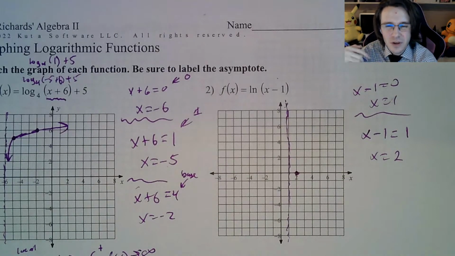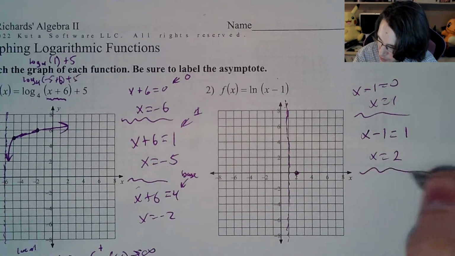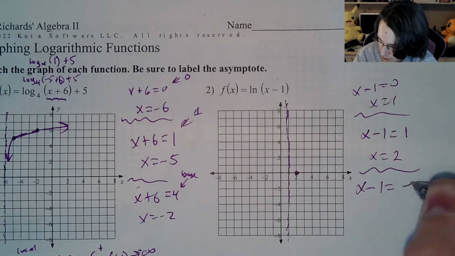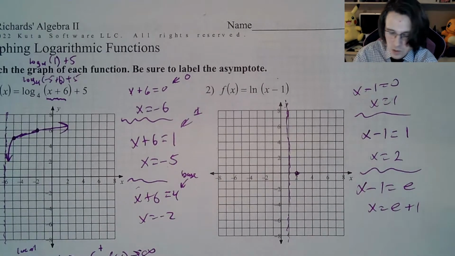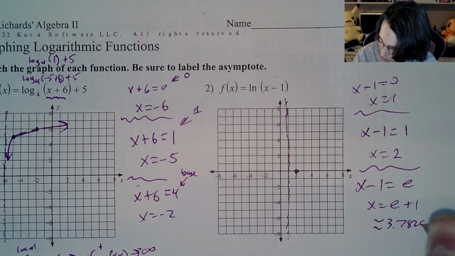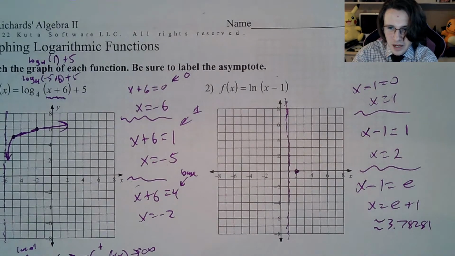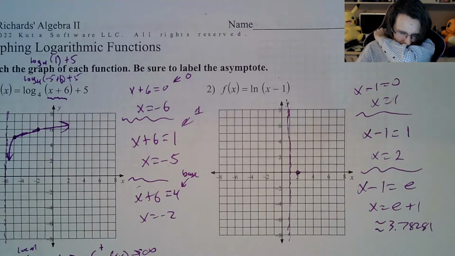And this is one where you kind of want to use that calculator for the next coordinate anyway, because if you're setting x minus 1 equal to the base, you're setting it equal to e, and what is e plus 1? e plus 1 happens to be approximately 3.71828, but it's kind of difficult to graph easily.